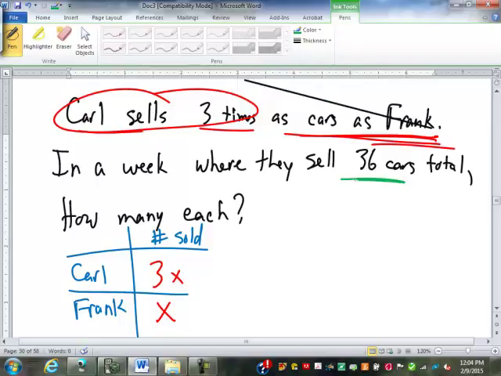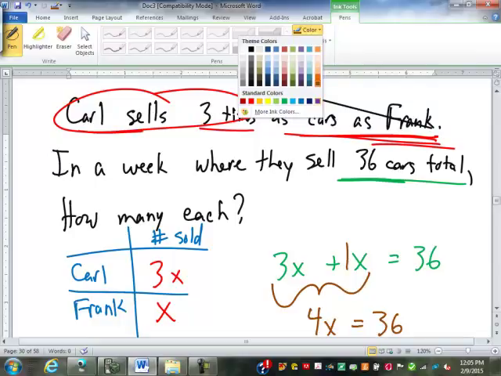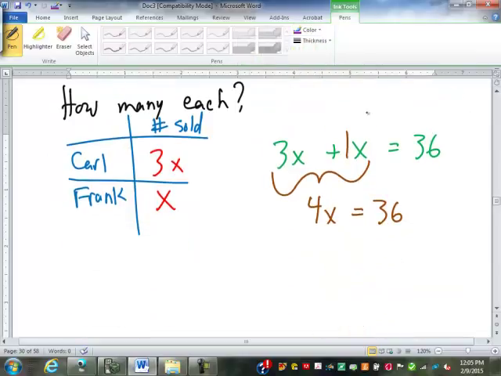And we are given a total of 36 cars. So 3x plus x equals 36. Combining, think of that as a 1x. So 3x plus 1x is 4x. Then we divide by 4. x equals 9.